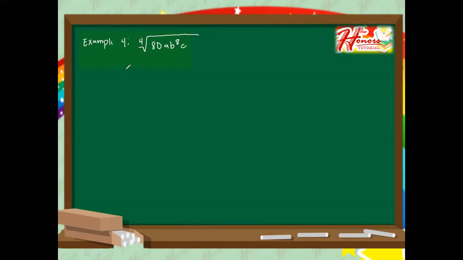Okay. So for this kind of given, this is what I want you to do. I want you to factor 80 and then think of factors if possible only, okay? Think of factors. The other factor is a perfect number, that is when raised to 4 and multiplied to another number is equal to 80.